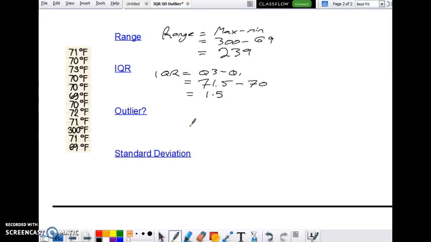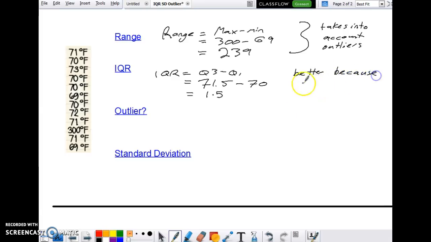So we know that this one takes into account outliers. That 300 degrees that's in there is going to skew our range. We can see that most of the data is pretty close together. So the interquartile range is a better way of representing it because it doesn't take into account outliers.